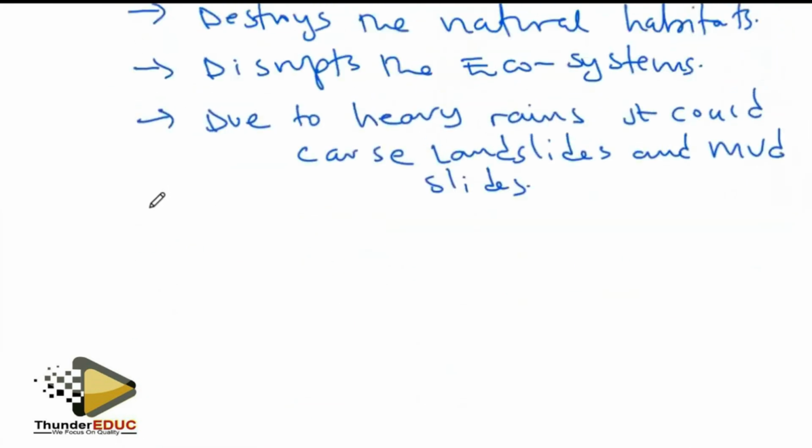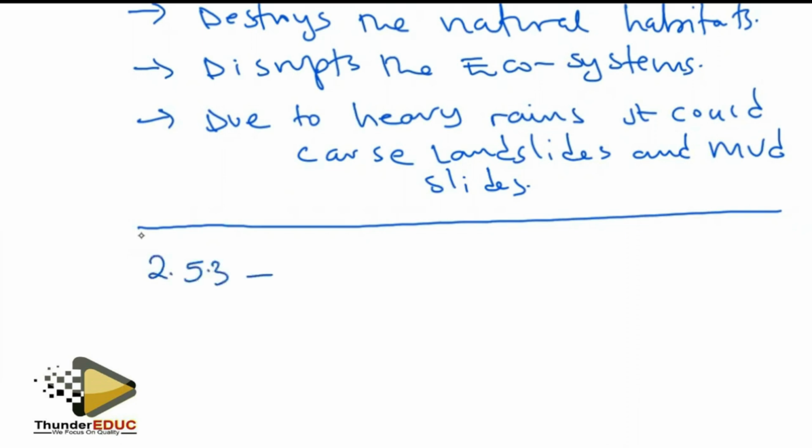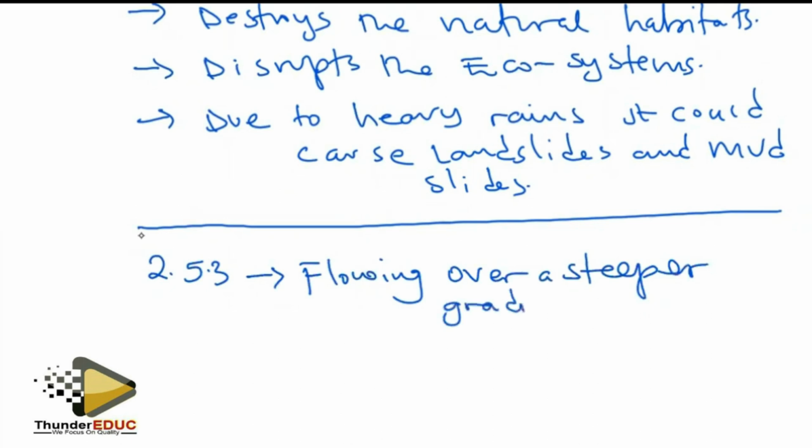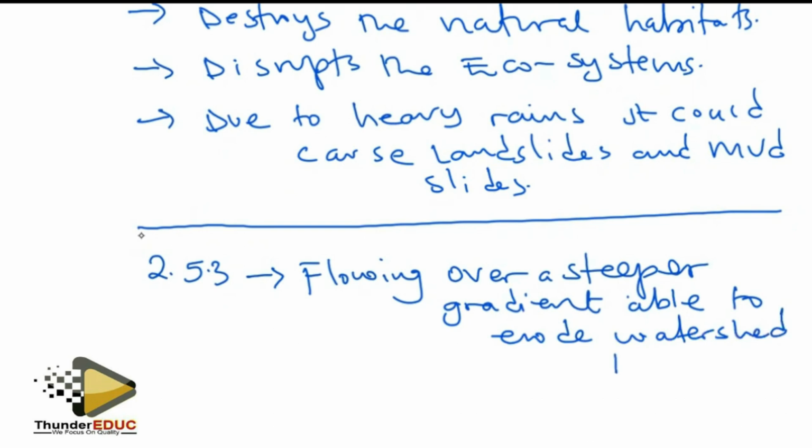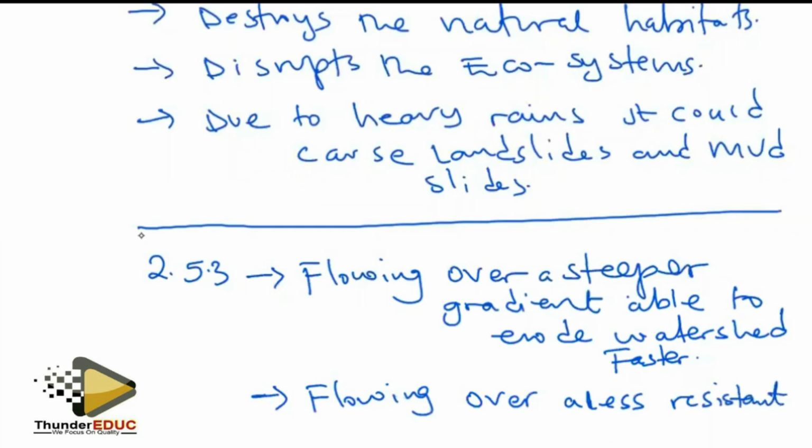The question is asking what could have caused the capture stream, or the energetic stream, or the pirate, or the one which stole water, to erode through the watershed. 2.5.3. So you could say it was flowing over a steeper gradient. That's why it was able to erode faster. Steeper gradient, able to erode the watershed faster. Or we can as well say it was flowing over a less resistant rock, to erode faster.